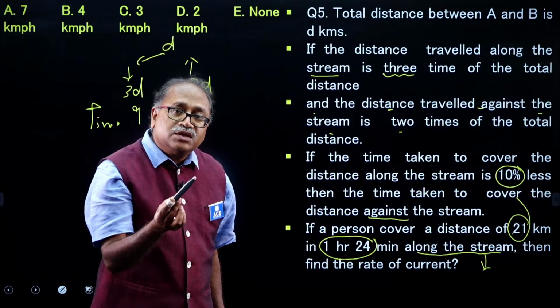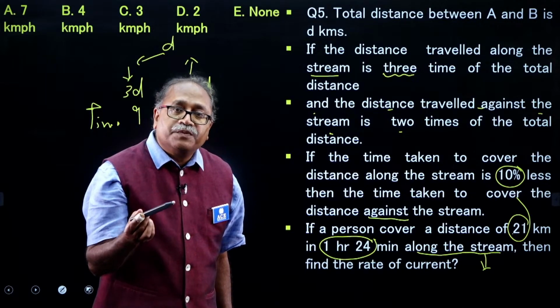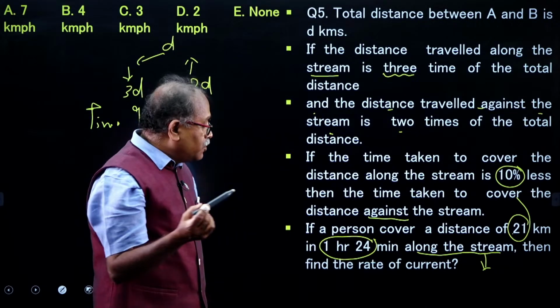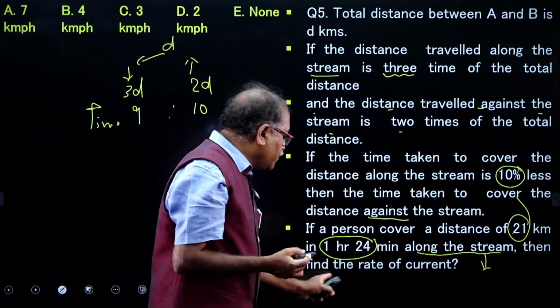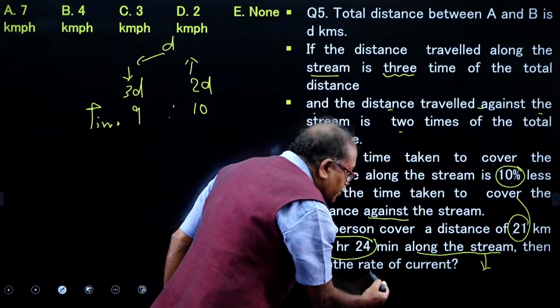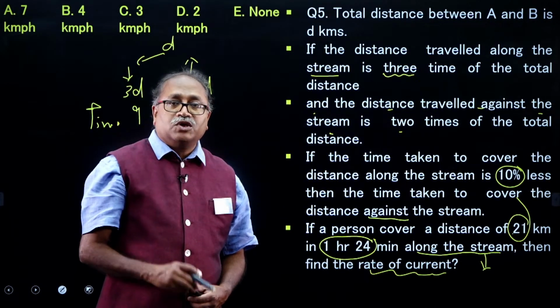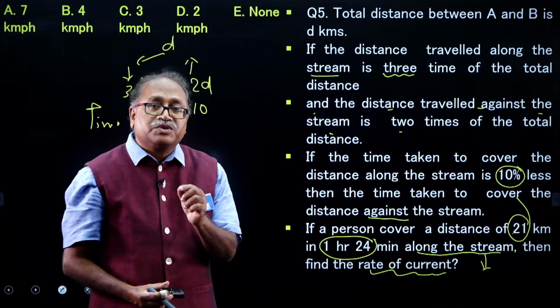So, by using the distance and time, I can find out the downstream speed. What is the question then? The question is, find the rate of current. Okay. Let me calculate what my downstream speed is.